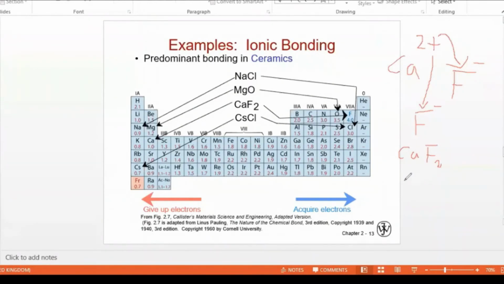In a similar way, if I write for K and O, right? Potassium, you see, will lose 1 electron, so 1 plus. O will gain 2 electrons, right?